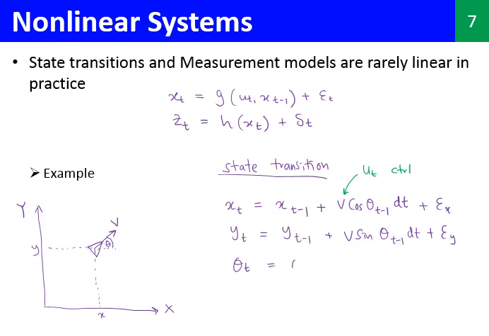So this should be equal to its previous heading direction, but we know that there is a noise component, right? So with noise it can change. So this is the state, okay?